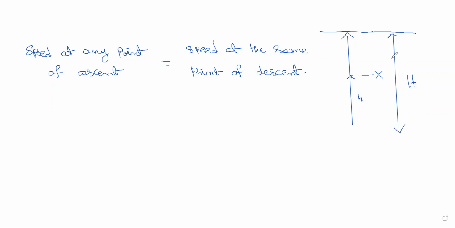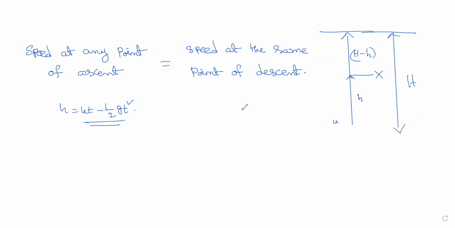Now what is the remaining thing? H minus small h, right? This is the remaining. Now it is projected with the velocity of u. And now how to calculate this h? h is equal to ut minus half gt square. This is height at any given time.